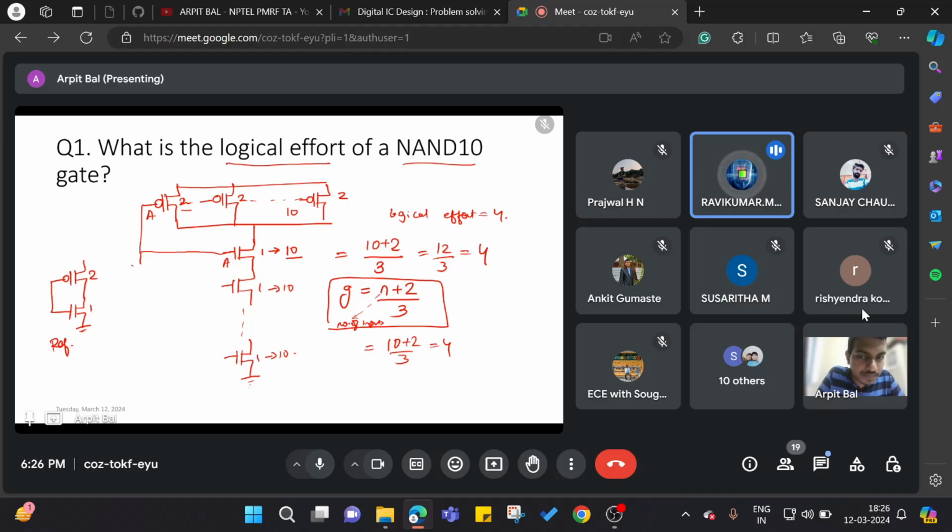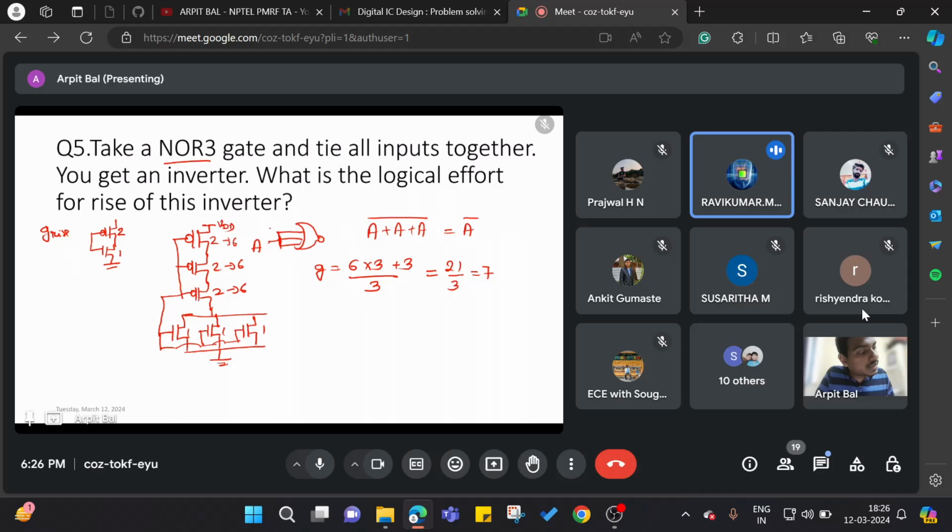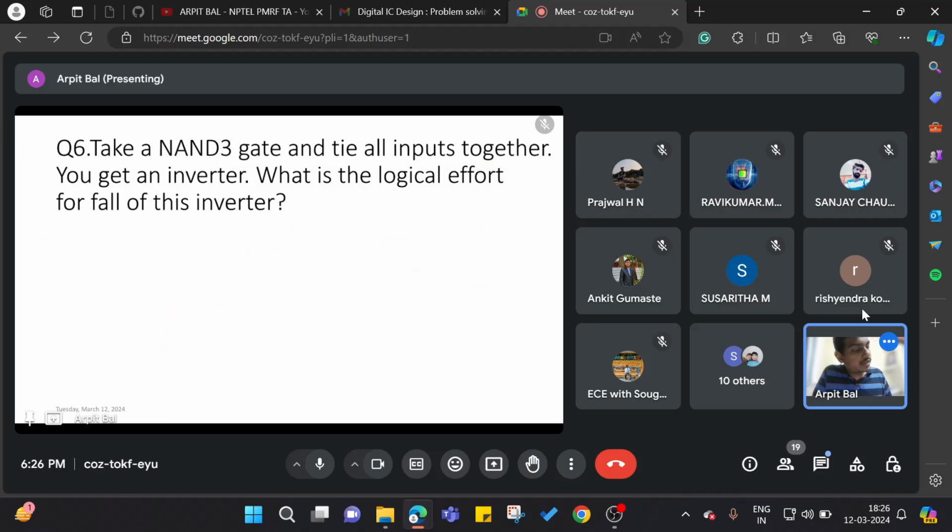But here in logical effort, in the fifth question, why can you take all the values of parallel connections? Yes, because it is mentioned that tie all inputs together. So these are not separate, distinct inputs. It's the same input.